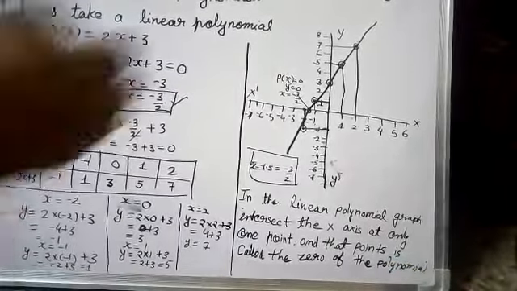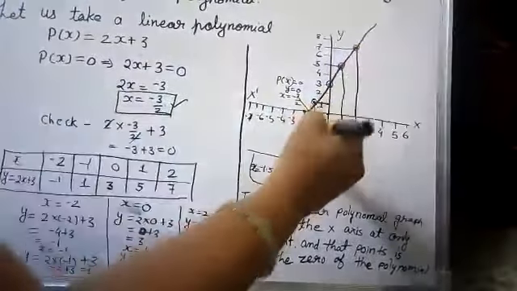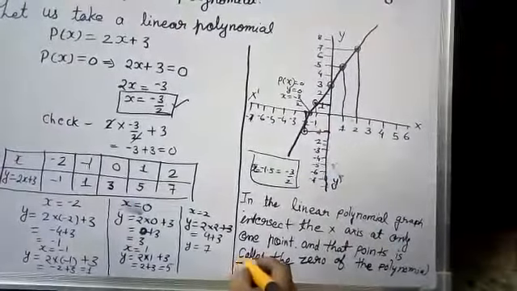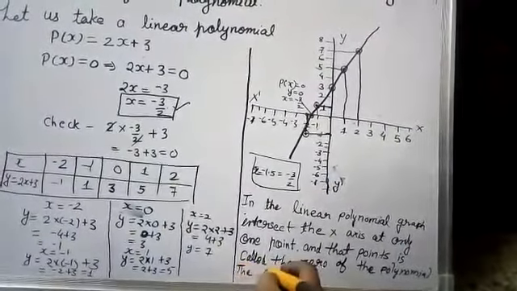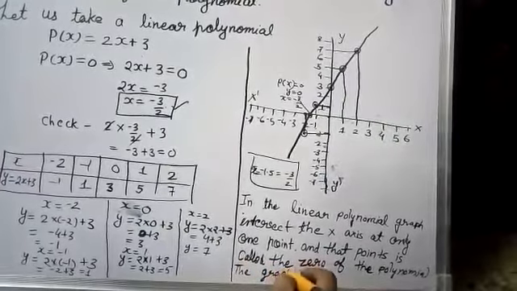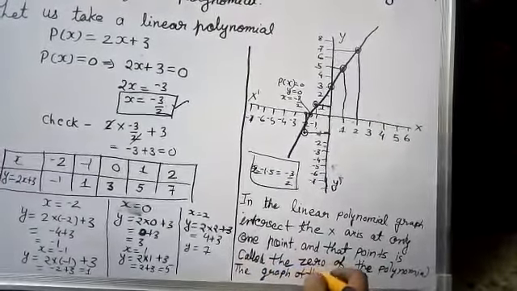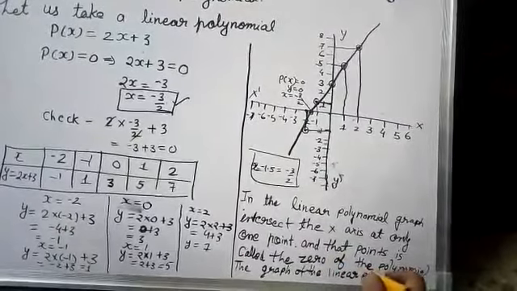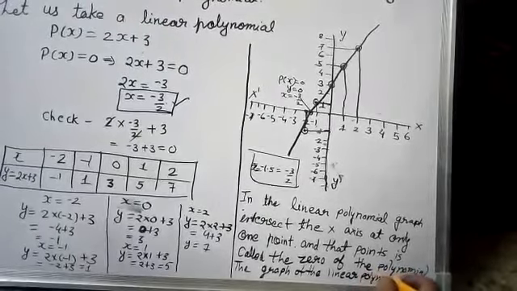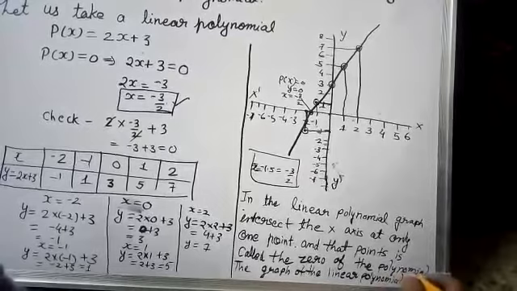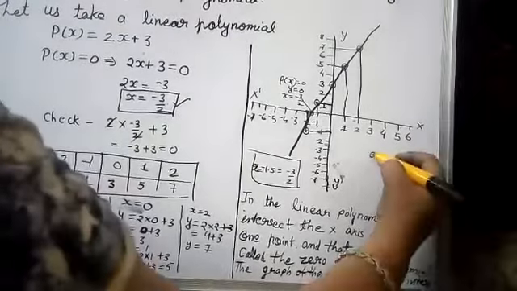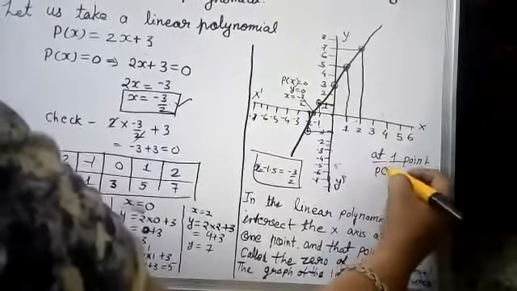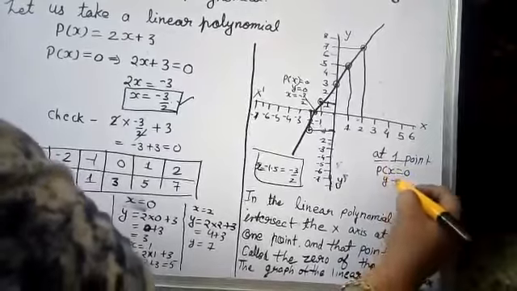The graph of a linear polynomial intersects the x-axis at at most one point, and at that point p(x) is equal to 0 and y is equal to 0.